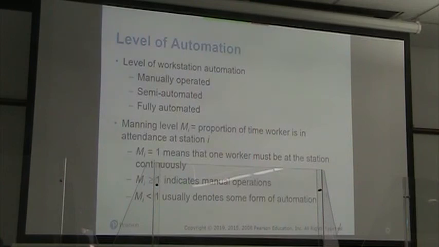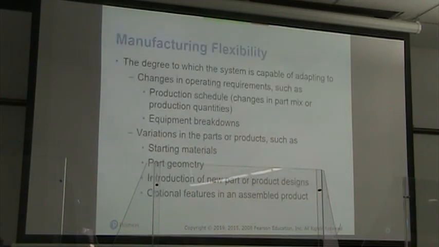So M_i equals 1 means that we have to have a worker at that station all the time. M_i greater than or equal to 1 indicates that we have manual operations, and M_i less than 1 means that we have some amount of automation, whether it's only a semi-automation all the way up to full automation.